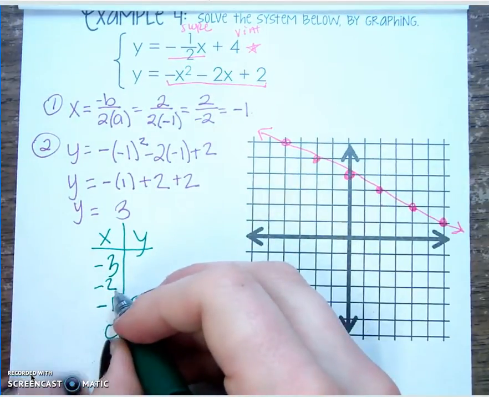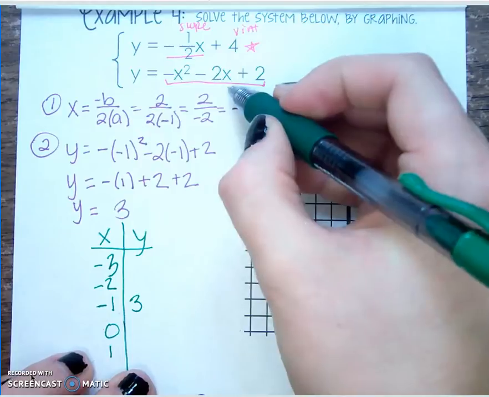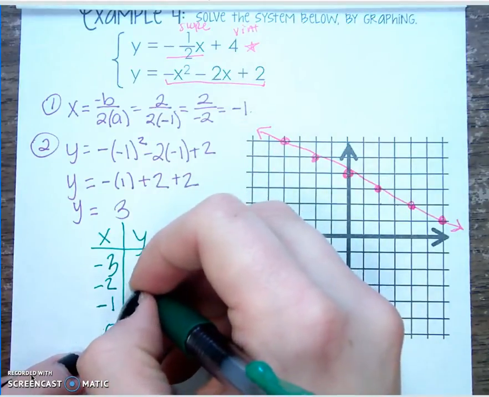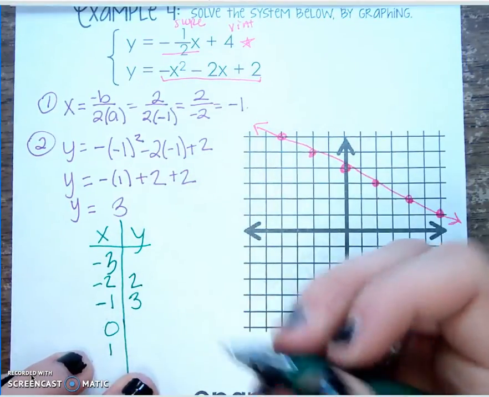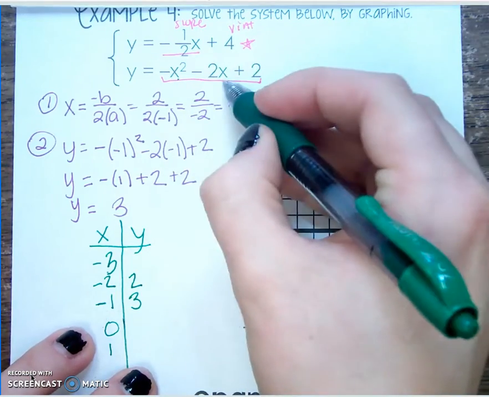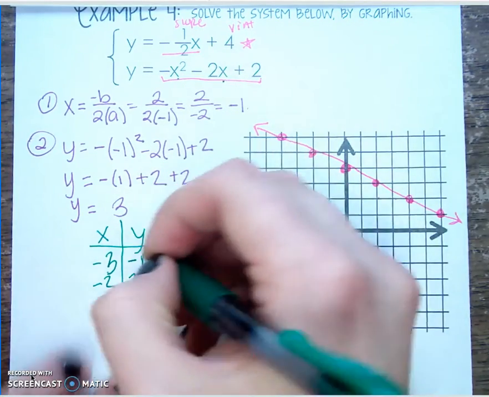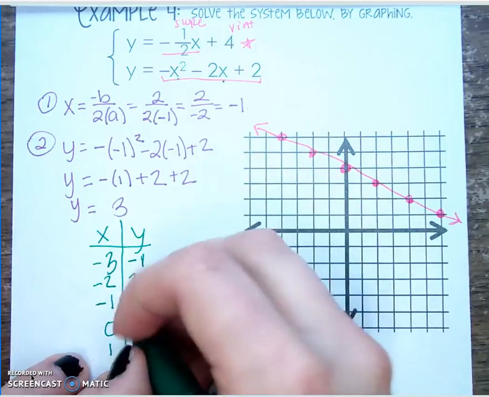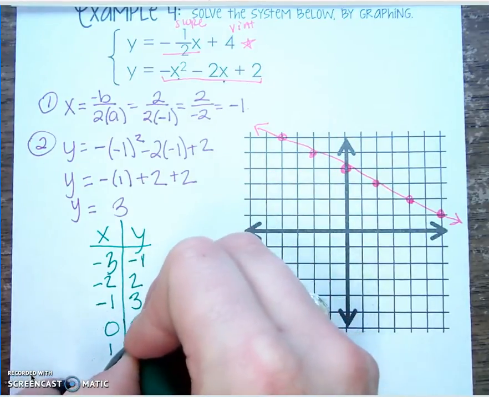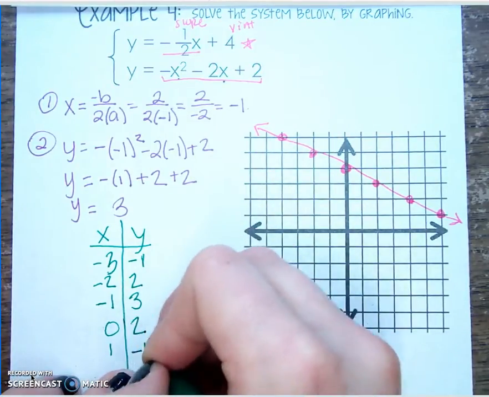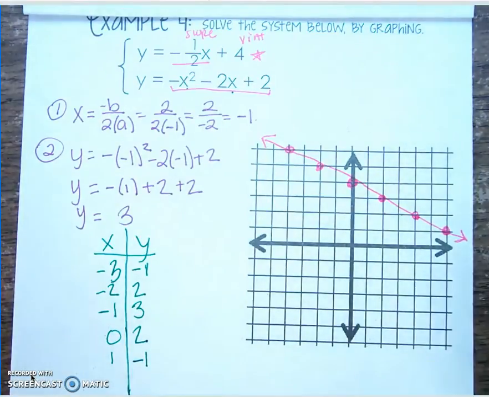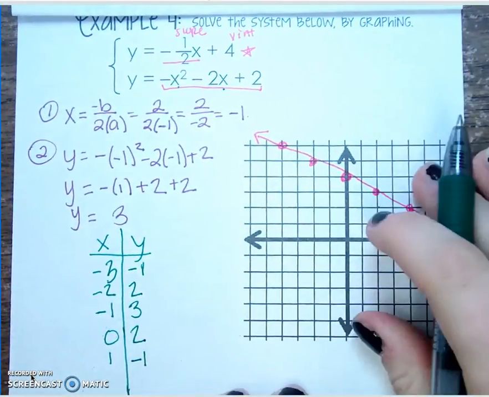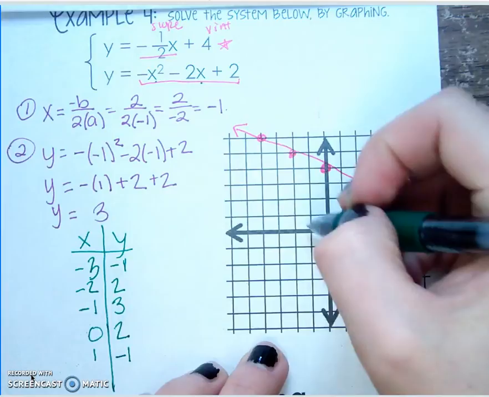Plug in negative 2 to that equation will give me positive 2. Plugging in negative 3 for each of the x's will give me negative 1. Plugging in 0 will just give me 2. And plugging in 1 will give me negative 1. And go ahead and graph, and we're going to see where our solutions are.